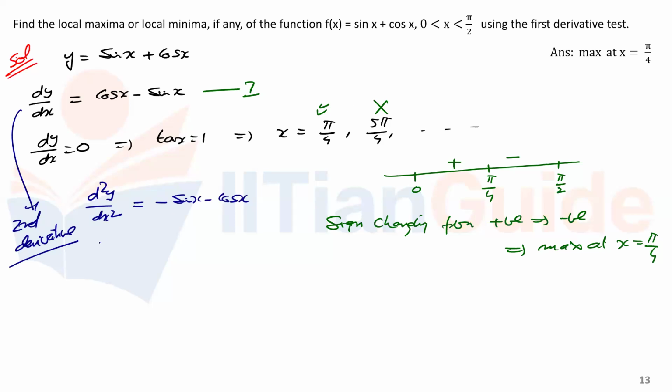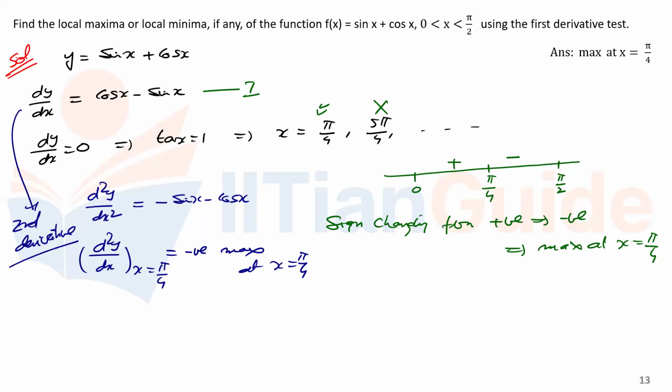But I need to calculate the second derivative at the point x equal to pi by 4. x is in the first quadrant. When x is in the first quadrant, this value is negative, that is positive, overall negative. Here, this entire term will be negative. The value of the second derivative will be negative. That means maximum at x equal to pi by 4. That is quite easy. Both are same. ठीक है ना, कोई दिक्कत तो नहीं.